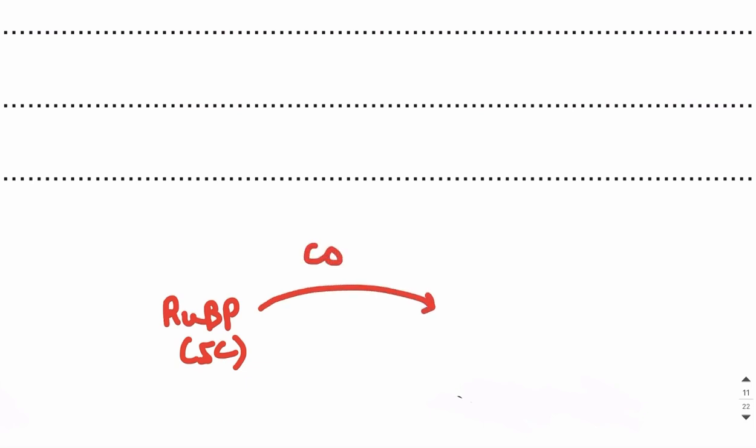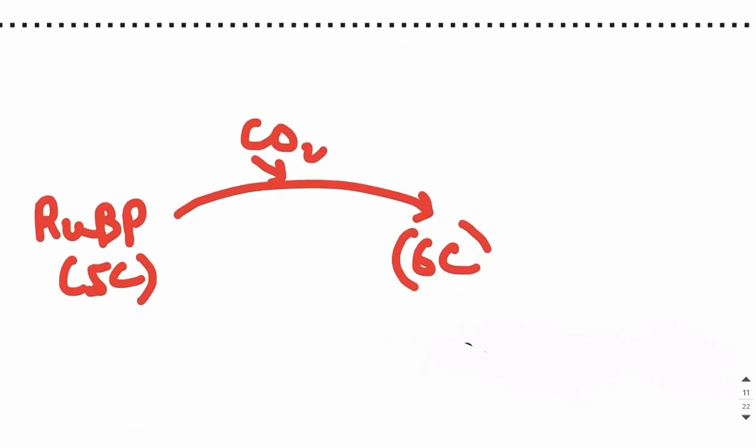So if you guys remember, how does the Calvin cycle start? It starts from a 5-carbon compound called RuBP, and you all know that RuBP combines with what? It combines with carbon dioxide, right, to form a 6-carbon intermediate, which splits into what? It splits into GP, and then GP is converted to TP, right?